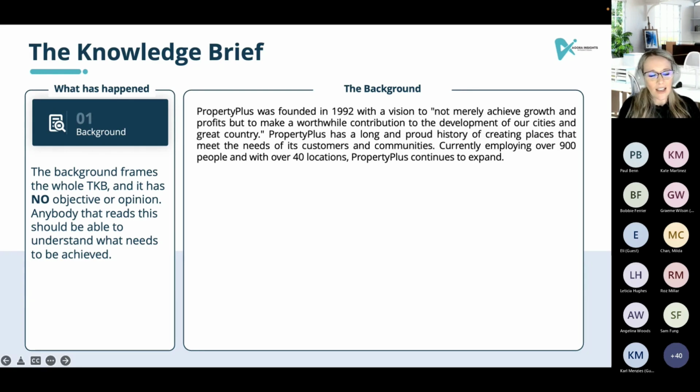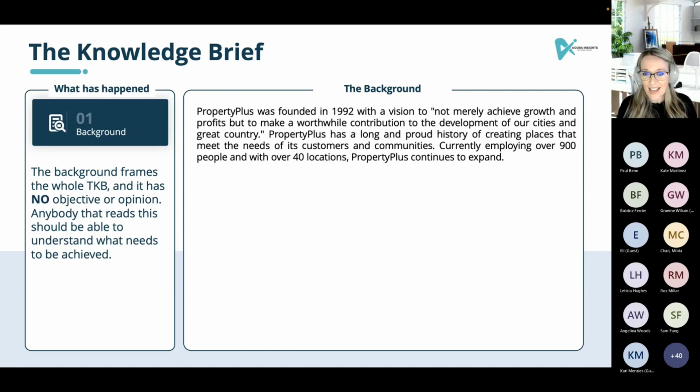So imagine in New Zealand we've got a company called Property Plus. Property Plus has been around since 1992, with a vision of not merely wanting to achieve growth and profits, but also to make a worthwhile contribution to the development of our city and our country.